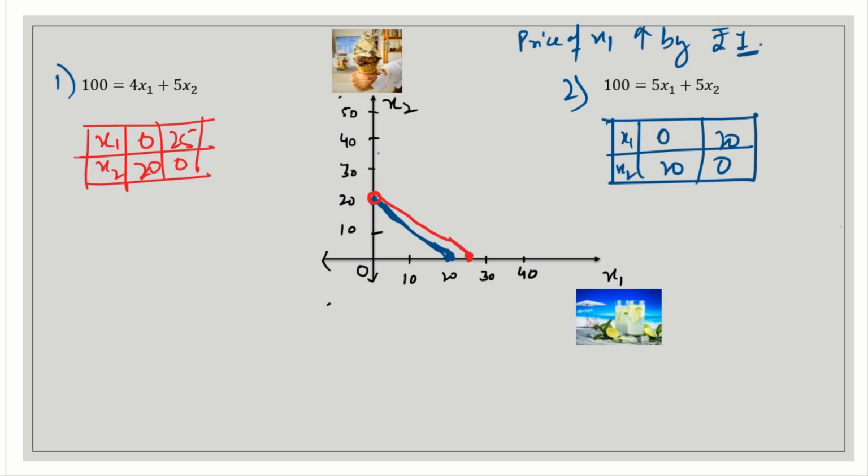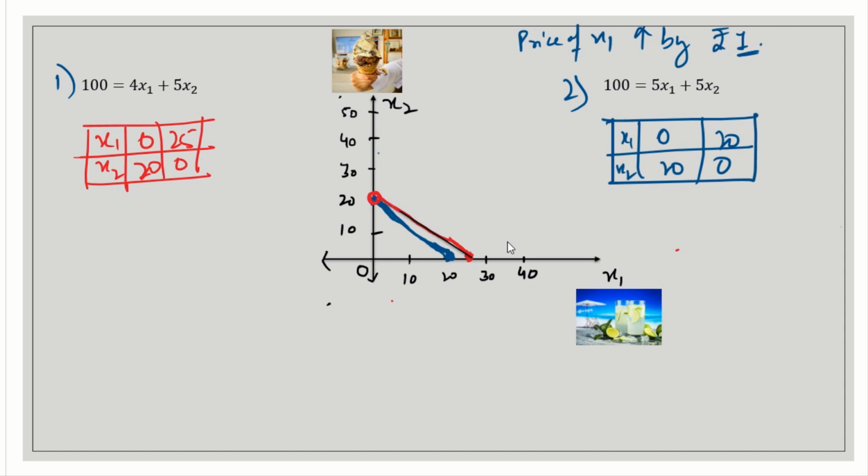So just to make it more clear, I'll be representing it with the line so that it gives you a more clear picture. I hope this is more clear now. Yeah, so this is how it looks like.